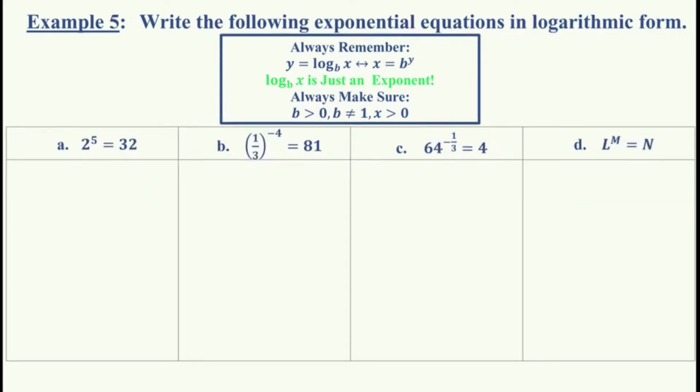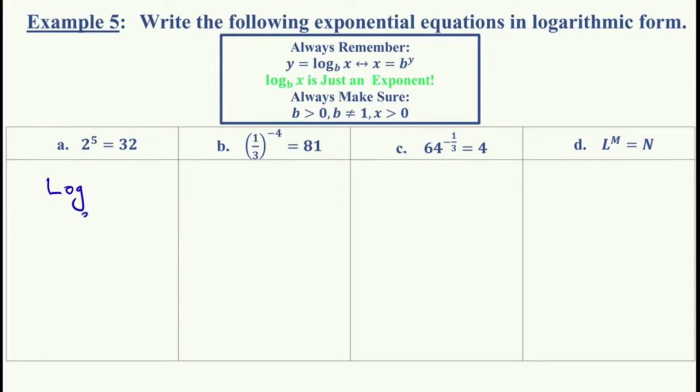Okay, so now we're going to go in the other direction. We're going to start with the exponential form of an equation, and we're going to convert it to the logarithmic form of the same equation. So starting here, of course, we know that just like we did in the other direction, the easiest place to start will be with the base, because we know the base of the exponential equation is also going to be the base in the logarithmic form.